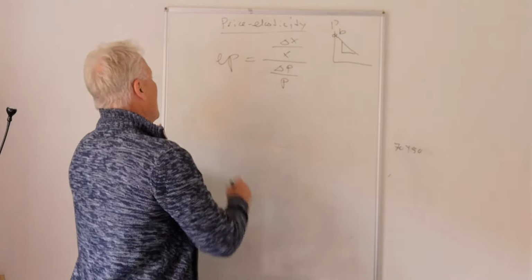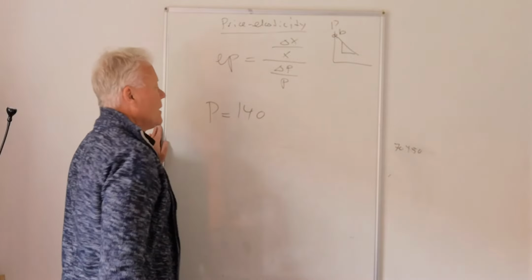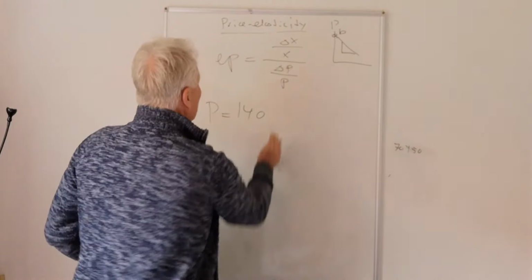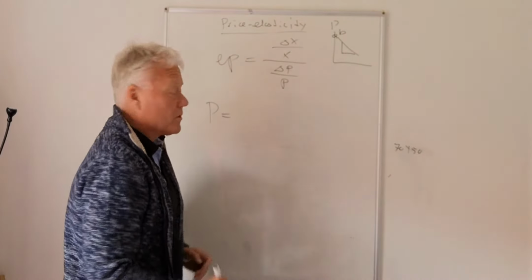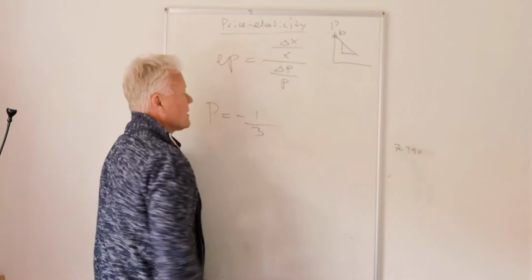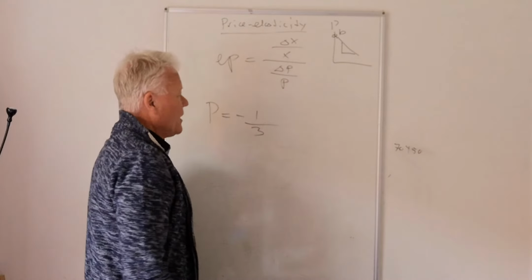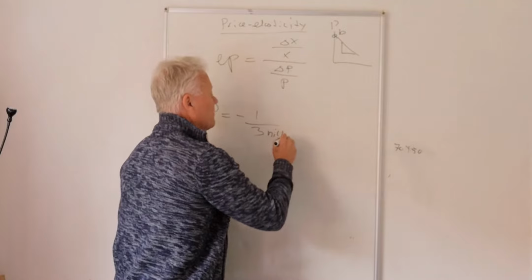So let's look at one example, and that's cigarettes in Denmark. Let's say that at a price of 140, no packs of cigarettes are sold. But if you lower your price by 1, you will extend the number of units sold by 3 million.